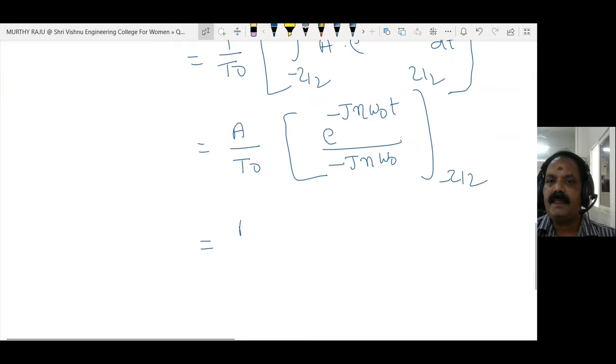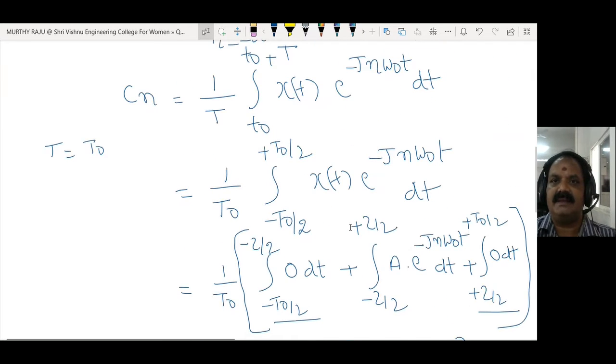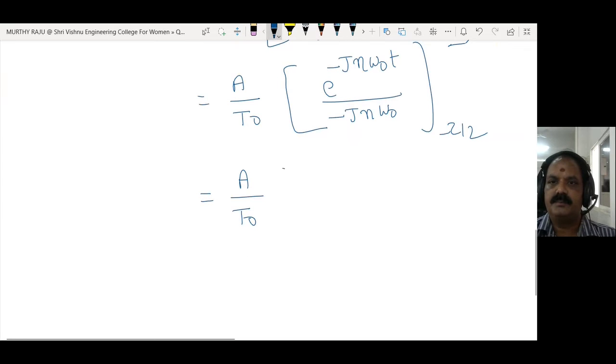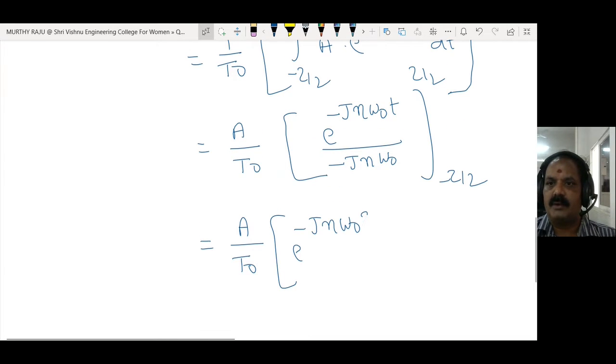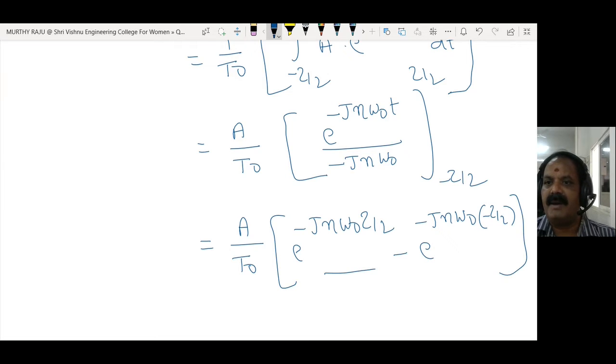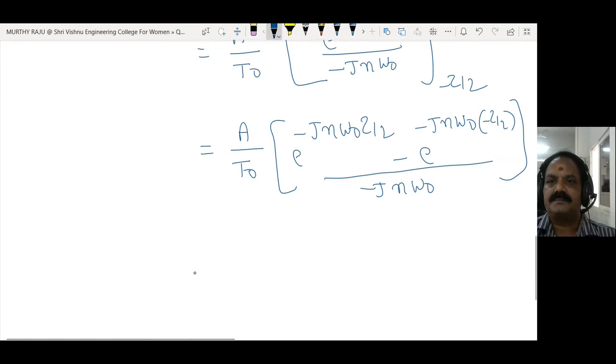Substitute A by T naught. This is the Cn value, A by T naught, times e power minus j n omega naught t, with t value tau by 2, minus e power minus j n omega naught t, with t value minus tau by 2, all divided by minus j n omega naught.